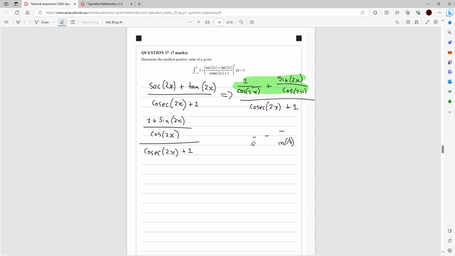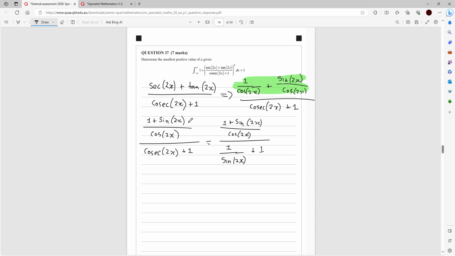So we'll have 1 plus sine of 2x on cos of 2x, over 1 on sine of 2x plus 1.